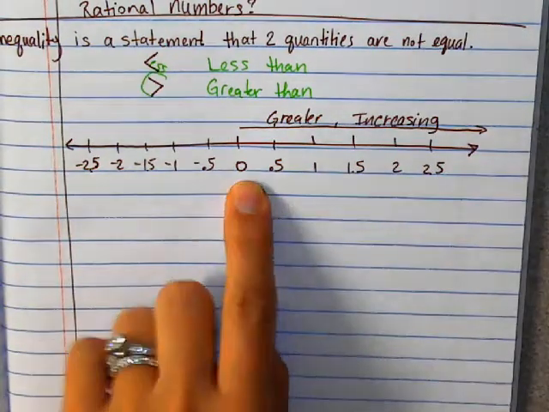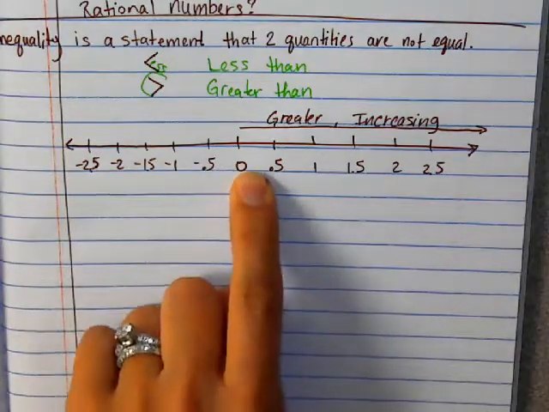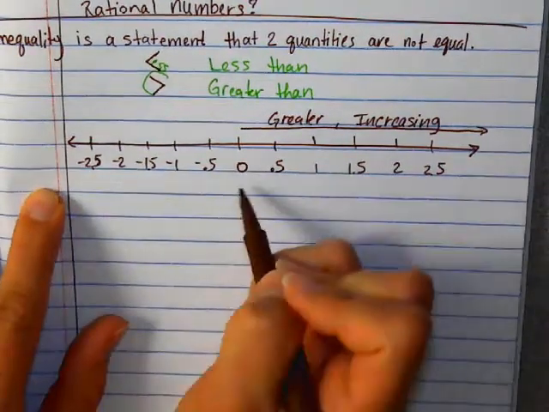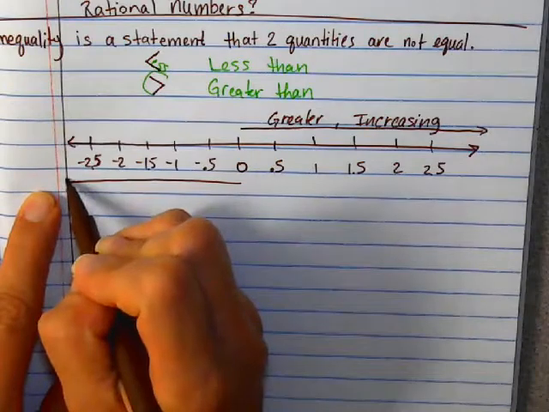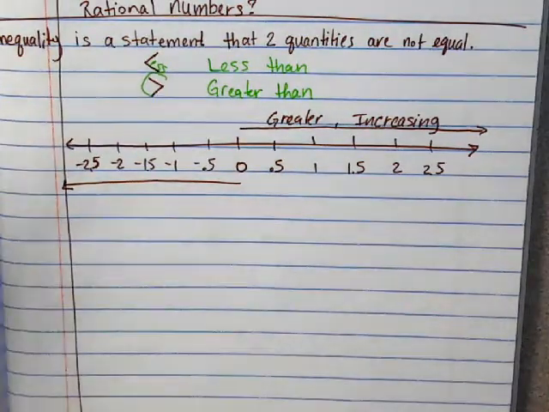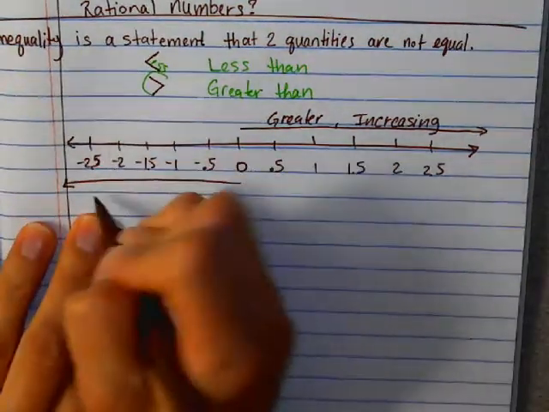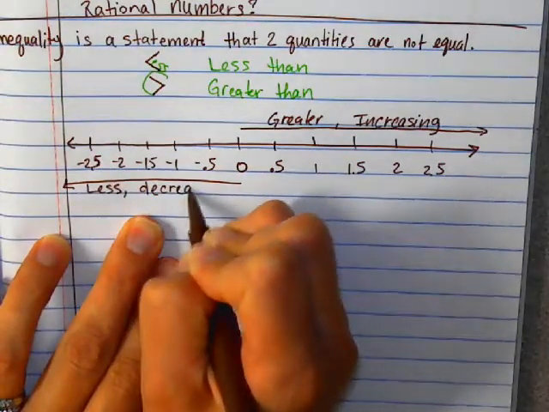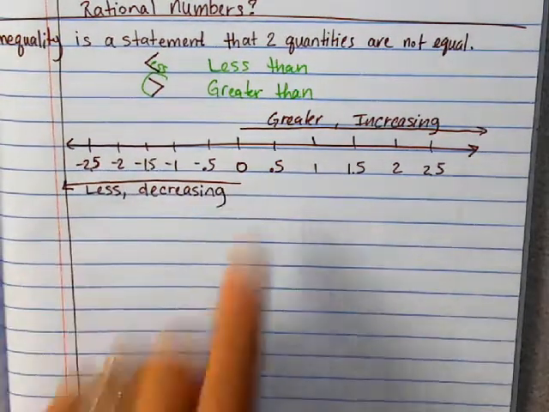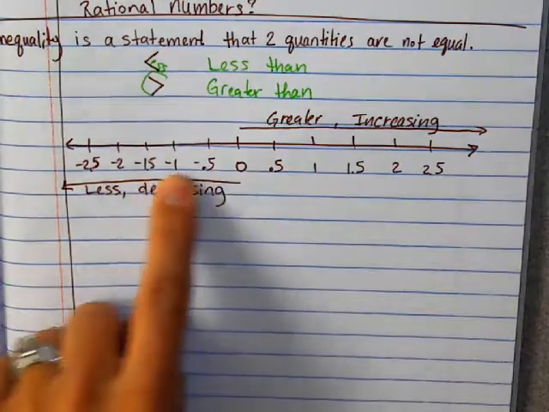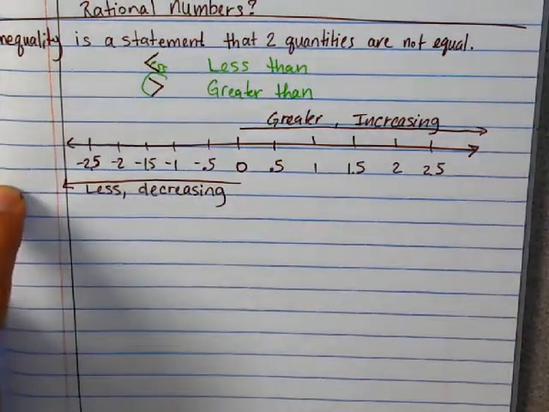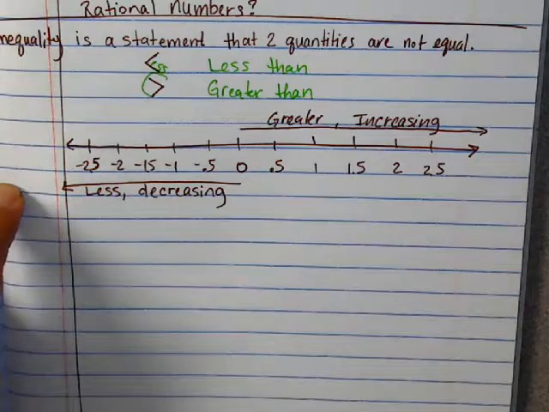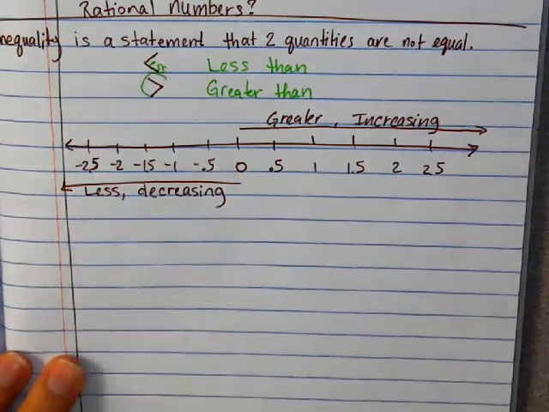Now, going to the left from 0, what's happening to these numbers? They're decreasing. They're getting less in value, right? So on your negative side, as you're getting further away from 0, you're actually getting less in value. So let's look at some examples.